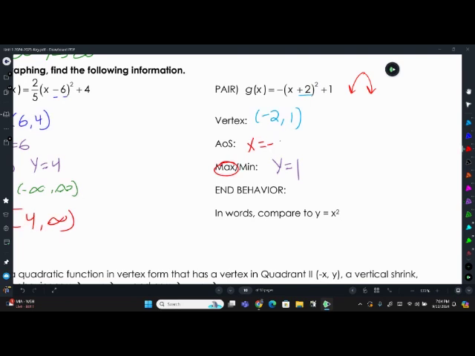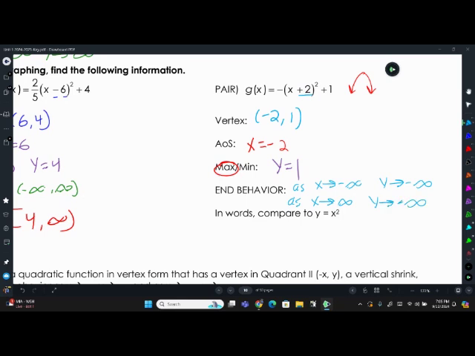End behavior. Because the graph goes down on both sides, as x approaches negative infinity, y approaches negative infinity, and as x approaches positive infinity, y approaches negative infinity as well.